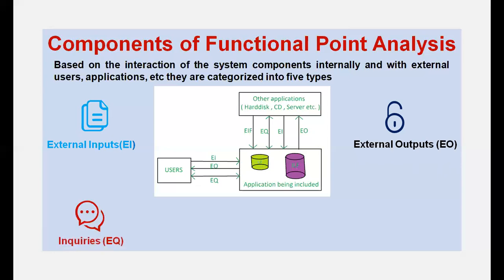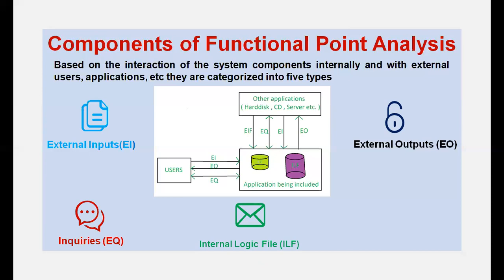Now coming to the third one, inquiry, EQ. This process includes both input and output components. Here the data is processed to extract the relevant information from internal or external database files. Fourth one, internal logical file, ILF. This is the set of data present within the system.